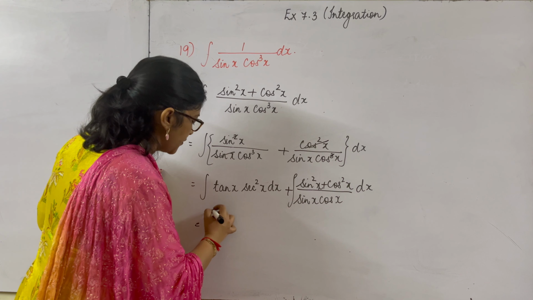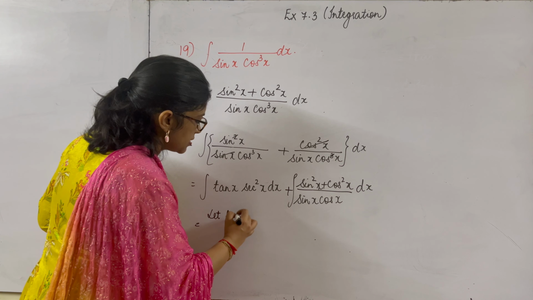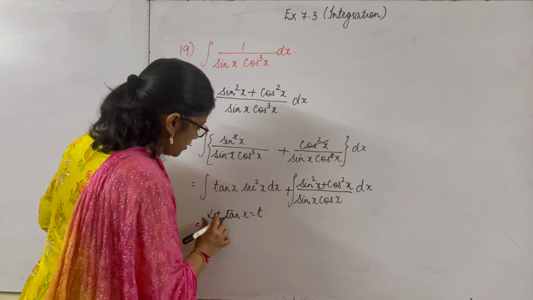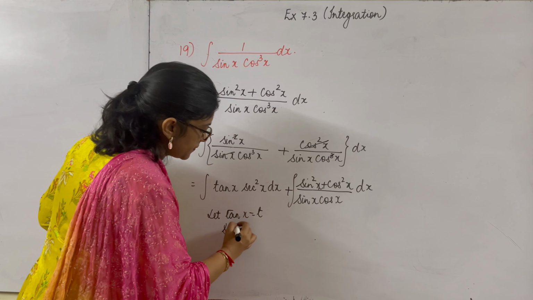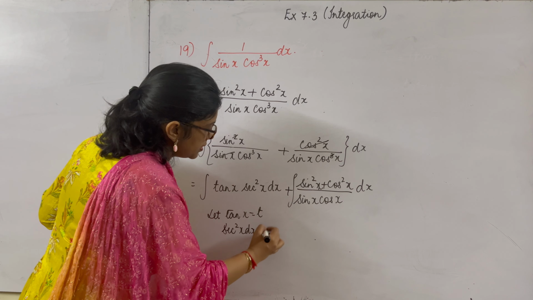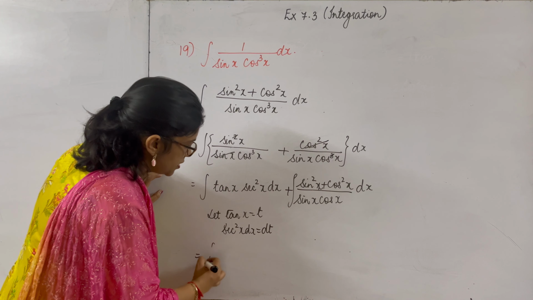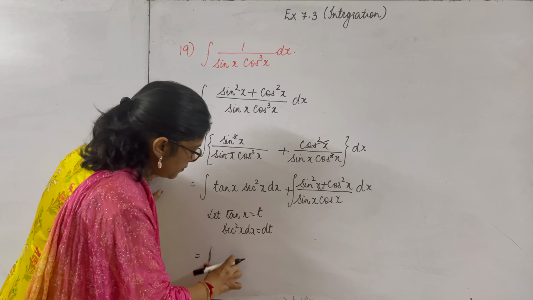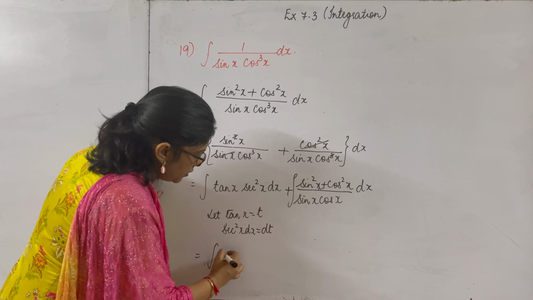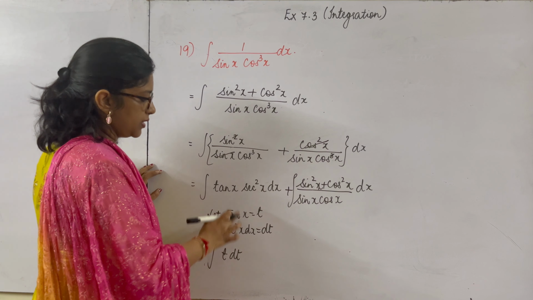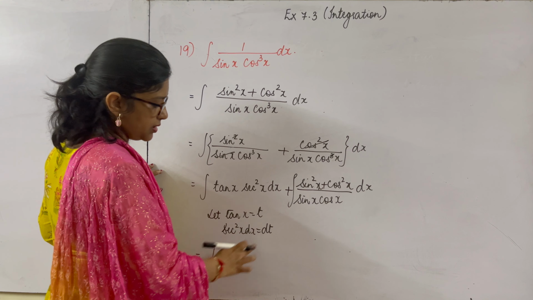So once again we will say let tan x is equal to t, and so we have sec square x dx as dt. So this becomes t dt. Tan x is t and sec square x is dt.